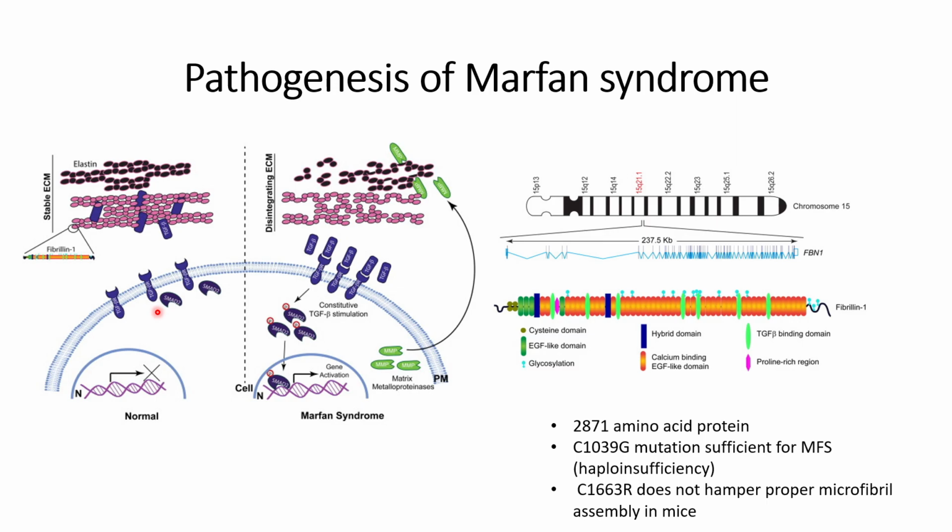Since TGF beta is not able to bind to the cell surface receptor, there will not be any signaling pathway activation, and the normal transcription and translation of the gene works.